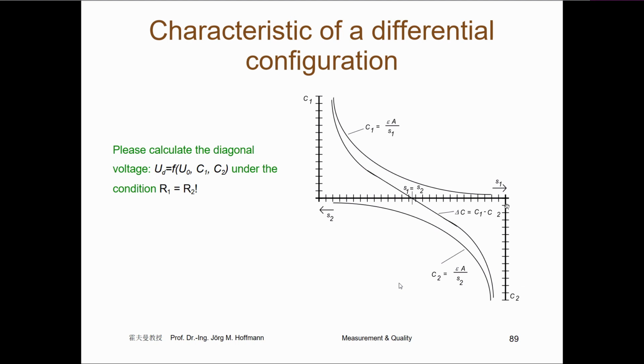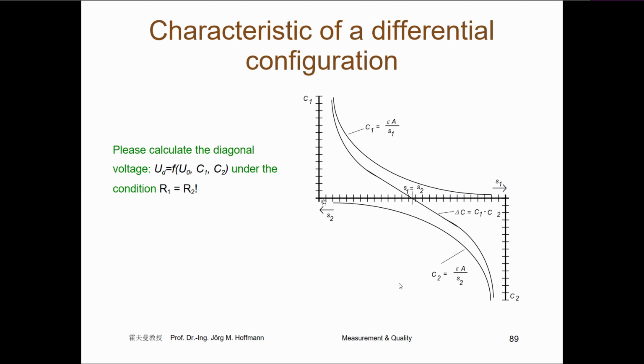This y-axis is also a positive axis. That is important. That means with this capacity, you start here, and when you increase the distance, you get a lower and lower capacity value.